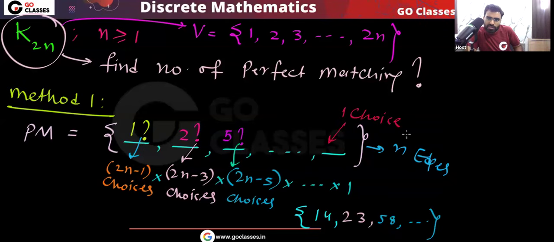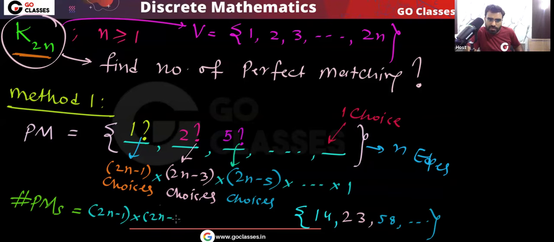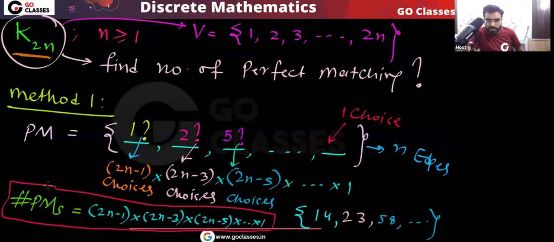So the number of perfect matchings in K2n will be 2n minus 1 multiplied by 2n minus 3 multiplied by 2n minus 5, and so on, down to 1. So this is the number of perfect matchings in K2n. I hope you understood.